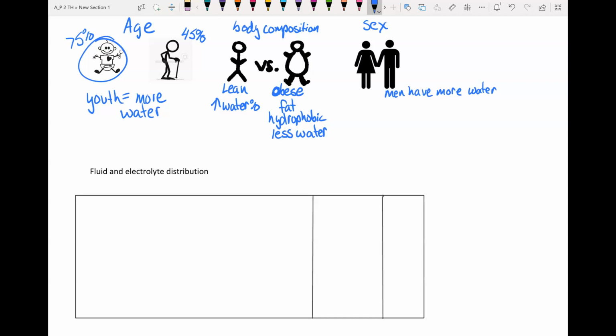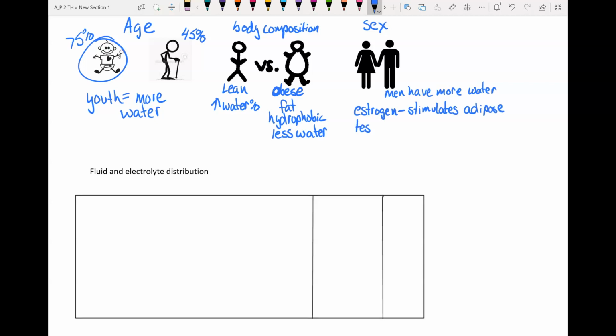The reason for this is that women have estrogen. Estrogen causes the growth of adipose. When a girl goes through puberty, she gets more adipose on her body. So estrogen stimulates adipose growth. And as we already talked about, adipose repels water.